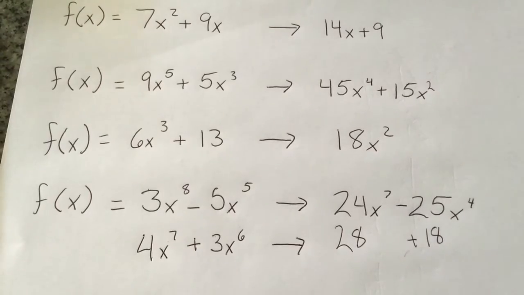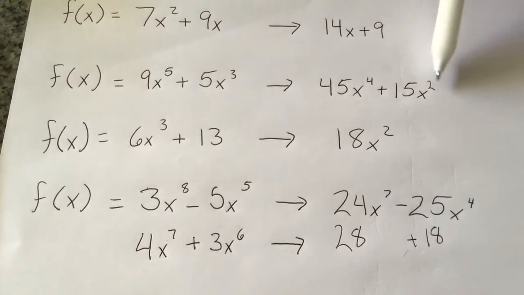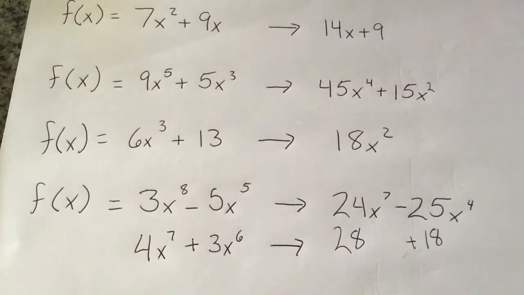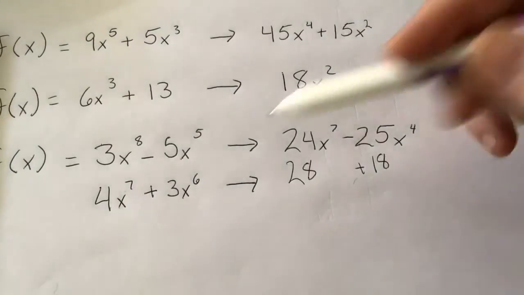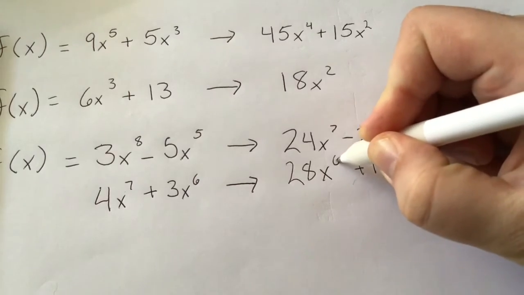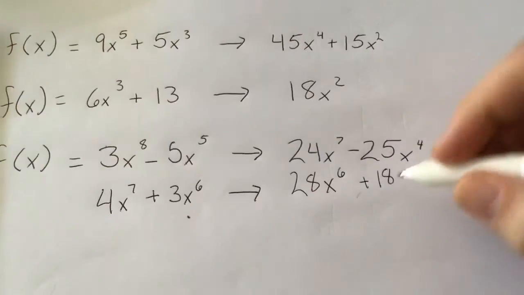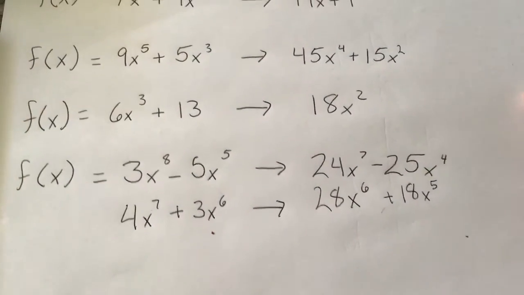So we're taking away 1x each time. 5 went down 1 to 4, 3 went down 1 to 2. 3 went down to 2 again. 8 went down to 7, 5 went down to 4. So what are we going to be looking at here? 7 is going to go down to x to the sixth. And 6 is going to go down to x to the fifth.